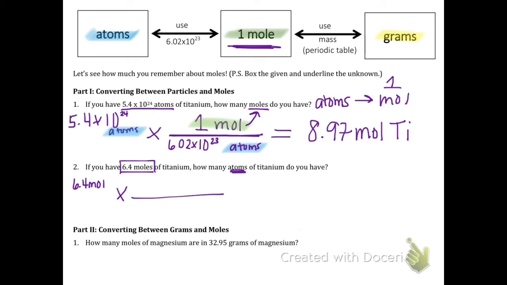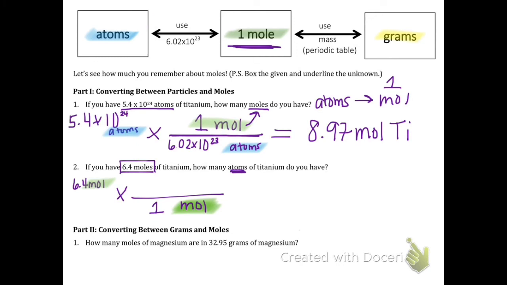Okay, so whatever is on top here always comes to the bottom down here, right? So you're going to end up writing the word mole here because they have to match. It's always going to be 1. Then you are going to go straight to atoms because you're going from here to here.